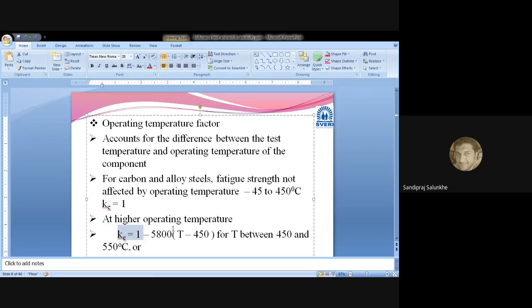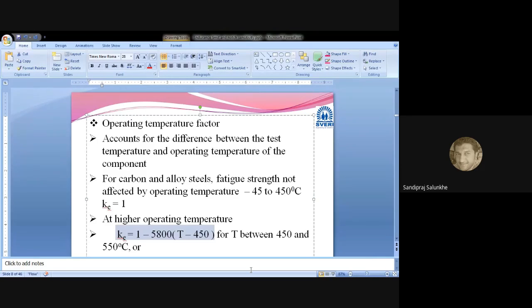Okay, and if that temperature is increased above that, then we are going to use a formula by means of which we can calculate the temperature factor, and that formula is Ke = 1 - (T - 450)/5800.